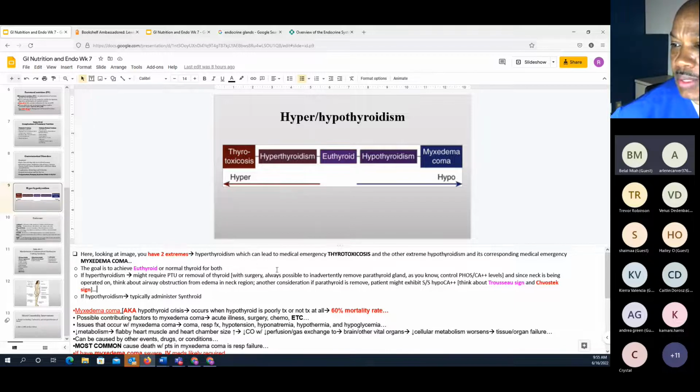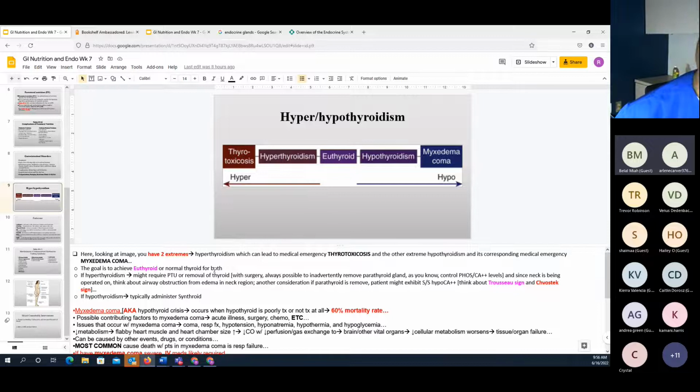Hyperthyroidism can lead to the medical emergency of thyrotoxicosis, and the other extreme, of course, can lead to myxedema coma. I explained all that, and we talked about the euthyroid or normal thyroid for both of these. If someone has hyperthyroidism, they might require treatment, for example, PTU is one form of treatment, as well as removing the thyroid gland.